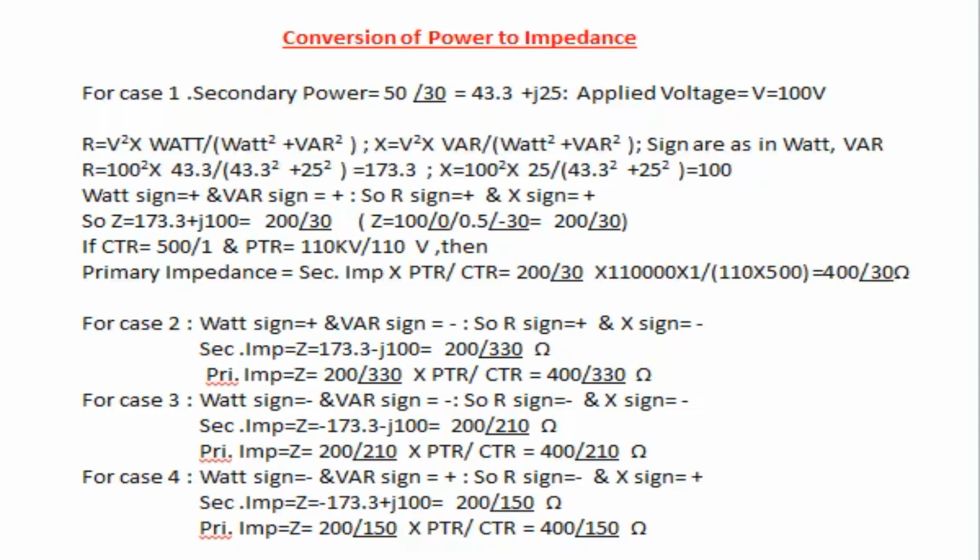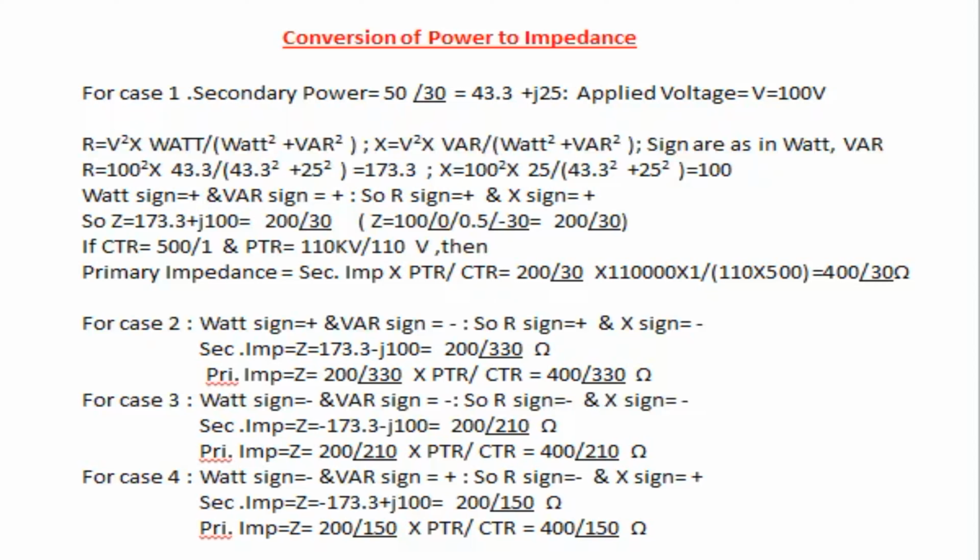For case 3, watt sign is minus and var sign is minus. So R sign is minus, X sign is minus. Secondary impedance Z is equal to minus 173.3 minus J100, equal to 200 angle 210. Primary impedance is 200 angle 210 into PTR by CTR, equal to 400 angle 210 ohms.